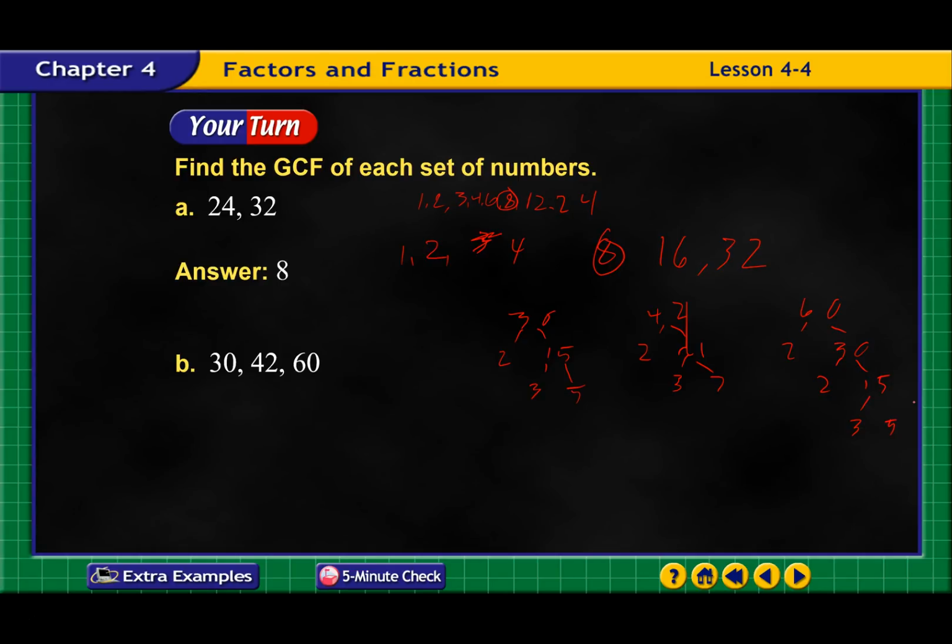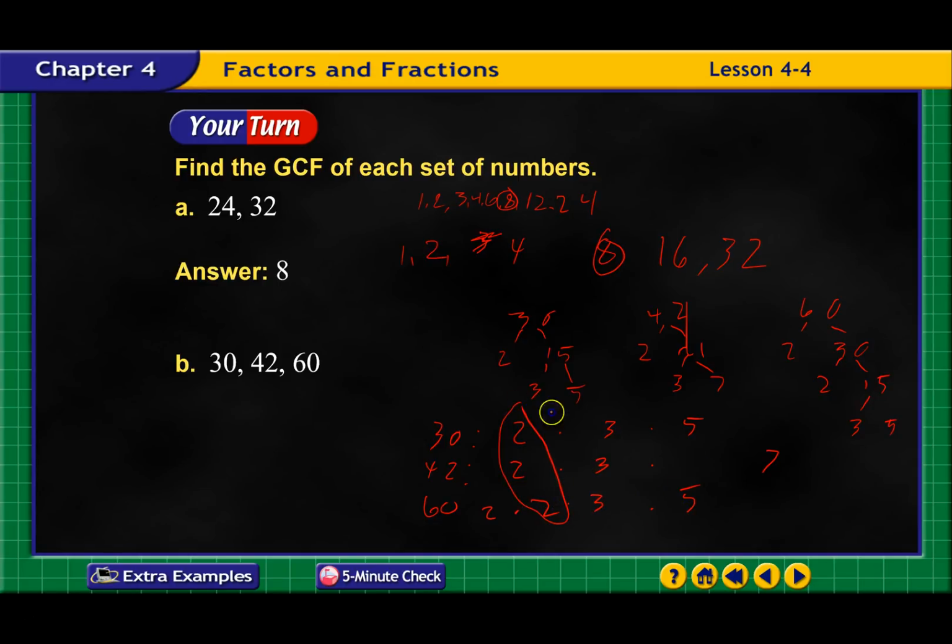So I can list them all out here. Let's go 30. It's going to be 2 times 3 times 5. 42 is going to be 2 and 3 and 7. 60 is going to be 2 times 2 times 3 times 5.